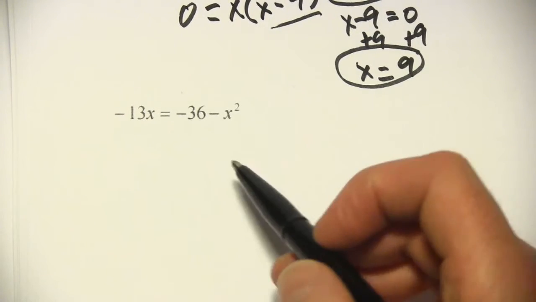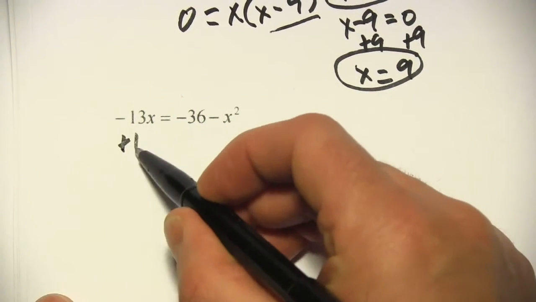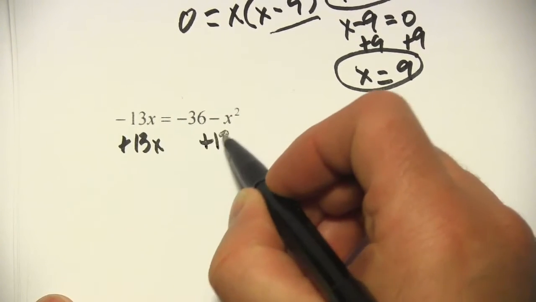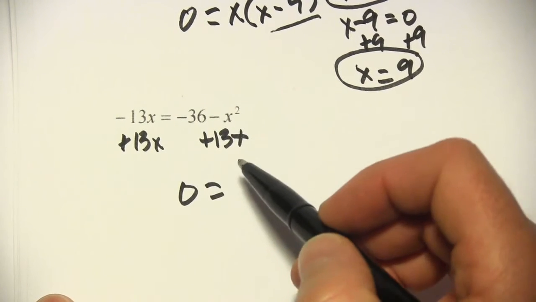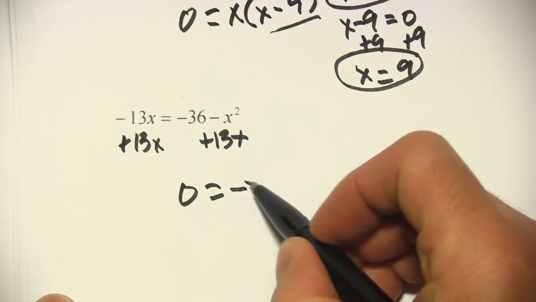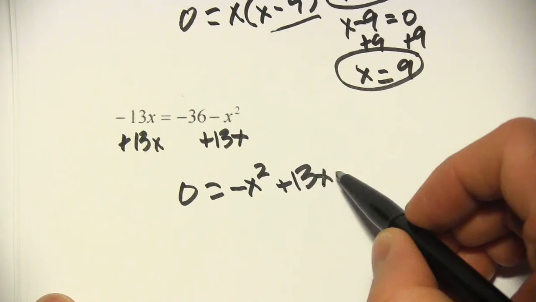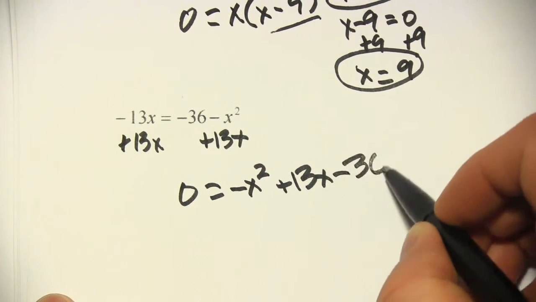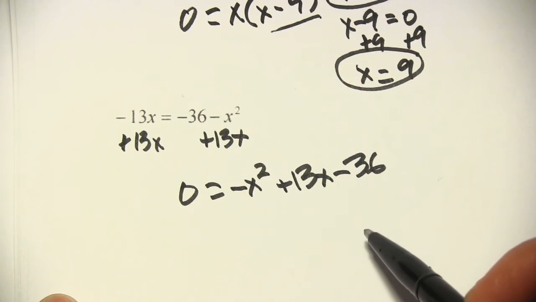Let's try one more. This one's a little bit trickier. We've actually got three terms here. I'm going to start by adding 13x to both sides to get everything on one side. And then I'm going to write it in the order that I'm comfortable with. That would be negative x squared plus 13x minus 36, in descending order of powers: the x squared, then the x term, and then the number.